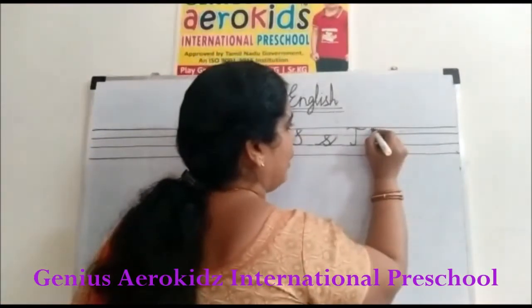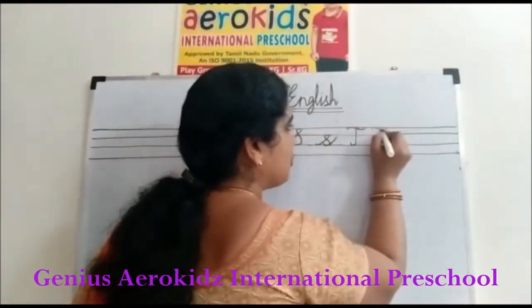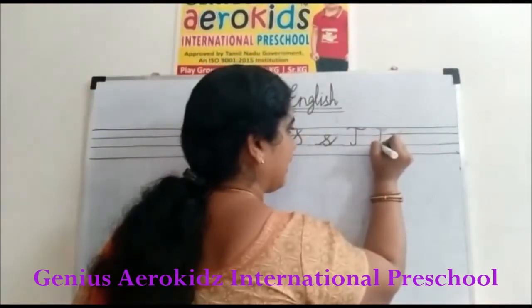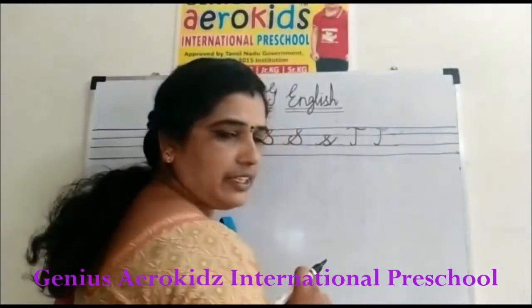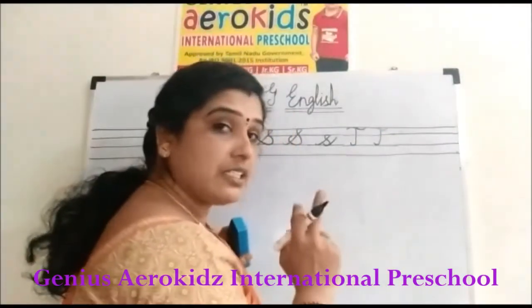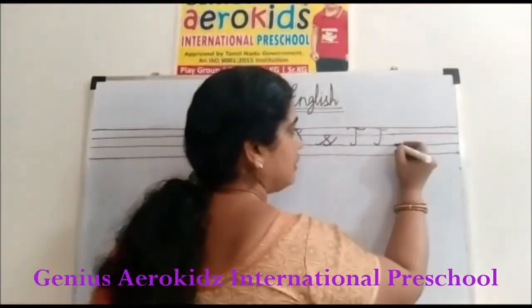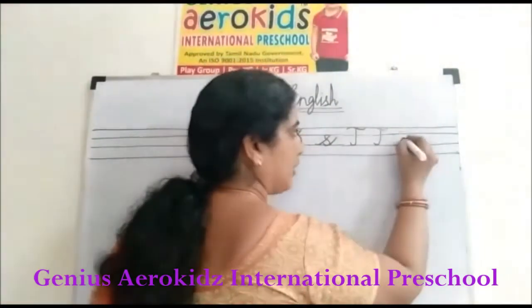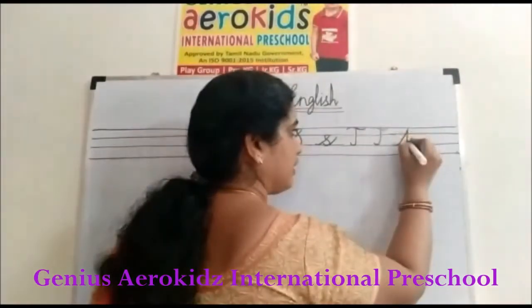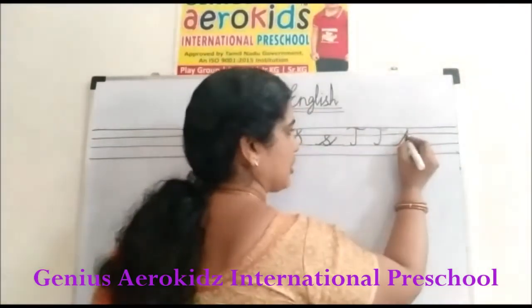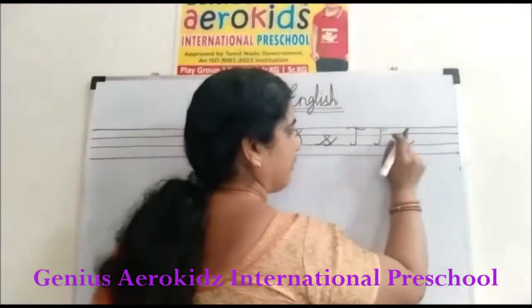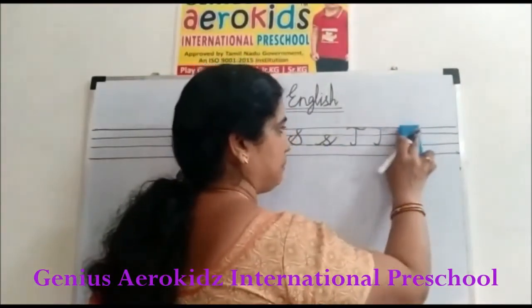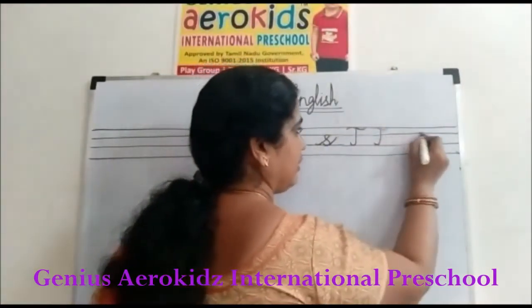Again I'm going to write one curve line, come to the middle, vertical line and extension. That is uppercase T. And lowercase T here starts from here, put the dot and go to the top, then vertical and an extension. It should not go outside. If you write it like this, it is wrong. I'm going to write it again.